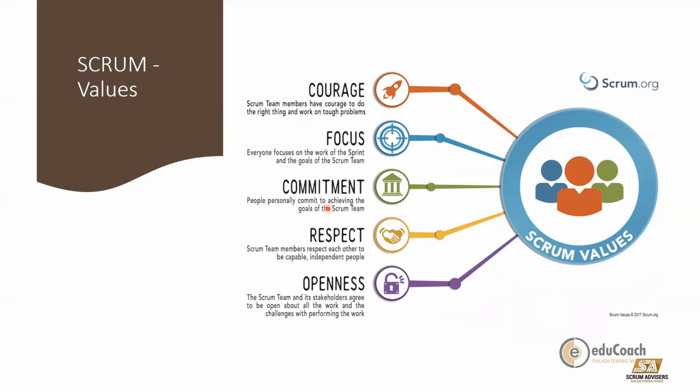People personally commit to achieving the goals of the Scrum team. Respect. Scrum team members respect each other to be capable, independent people. And openness. The Scrum team and its stakeholders agree to be open about all the work and the challenges with performing the work.